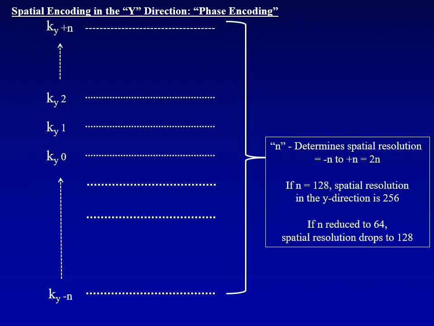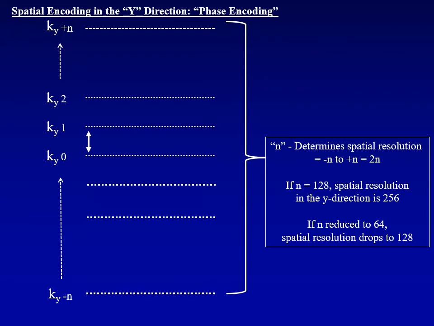The number of lines between minus n and plus n, or 2n, determines the spatial resolution in the y direction. For example, if n equals 128, the spatial resolution in the y direction is 128 plus 128, equal to 256. If n is reduced to 64, the spatial resolution drops to 128 in the y direction.